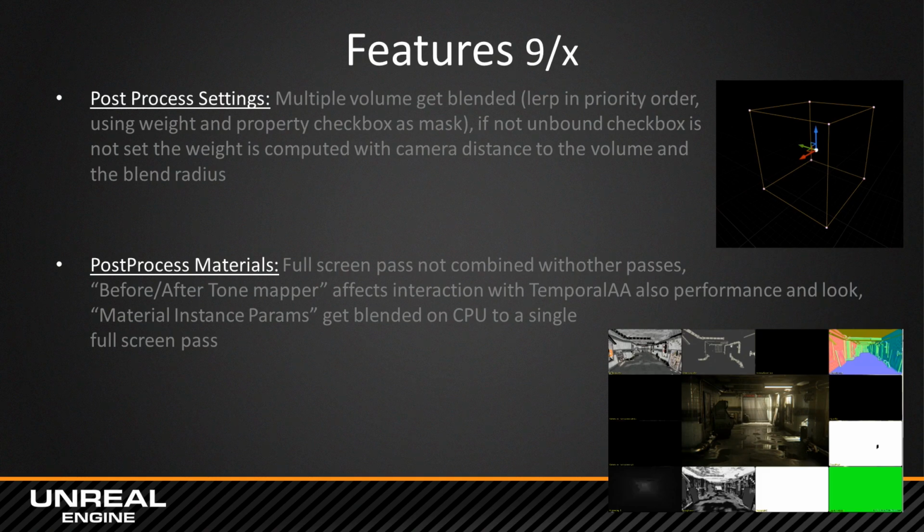So post-process settings allow you to make certain areas faster, and through Matinee you can also control those settings, so you can have certain parts of the cutscene in a different look or different performance. And if an artist wants to have a certain feature disabled, he has to add a post-process volume, and then for example bloom he can disable by inserting that one, clicking on the checkbox to override the bloom intensity.